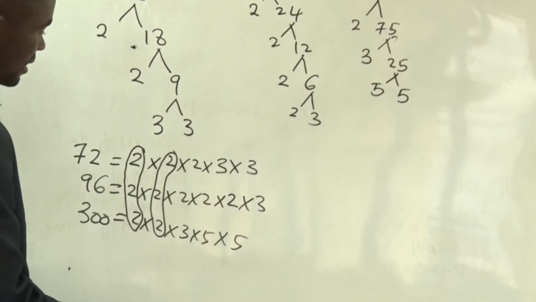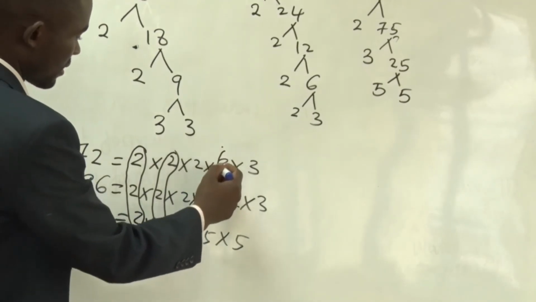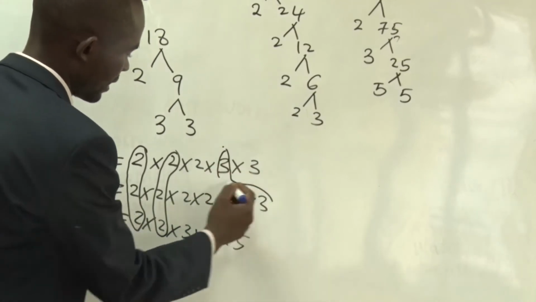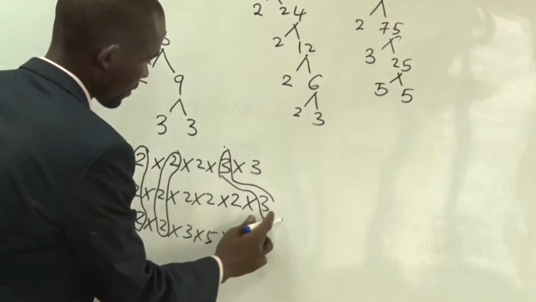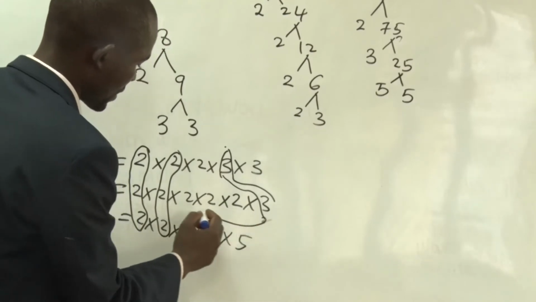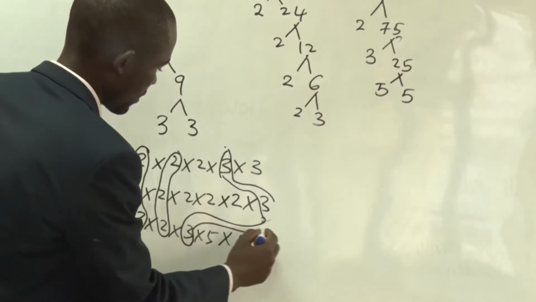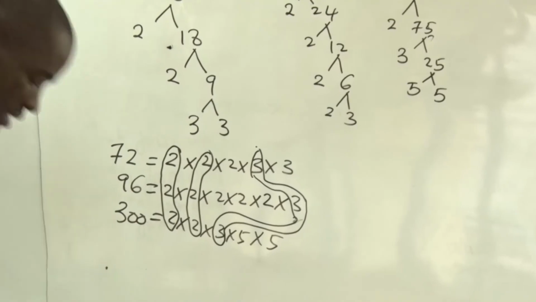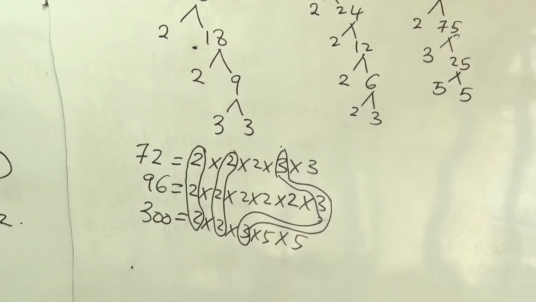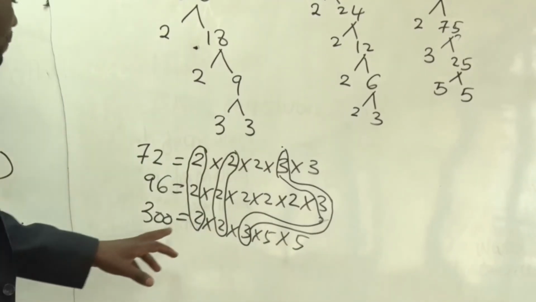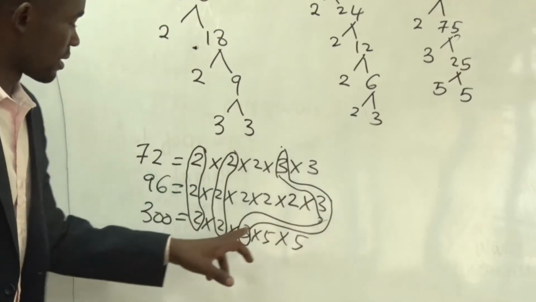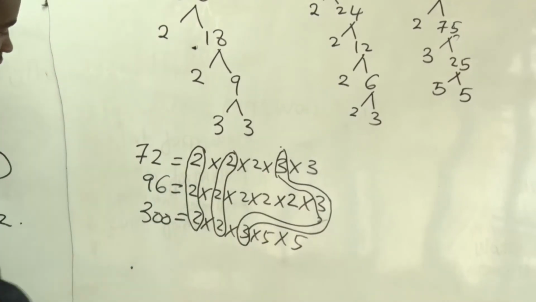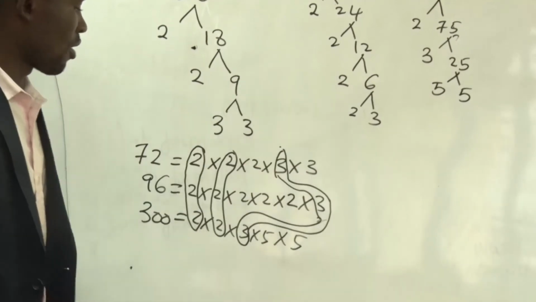Let us look at 3. 3 is common here, 3 is common there, so 3 is common in all cases. You look at 5. 5 is not common in all cases.